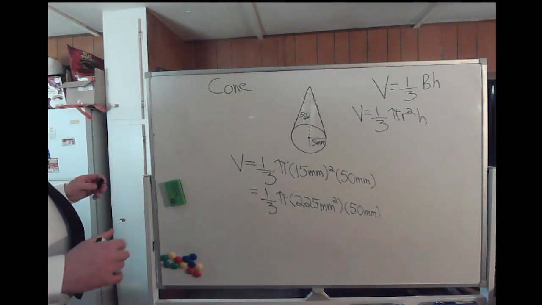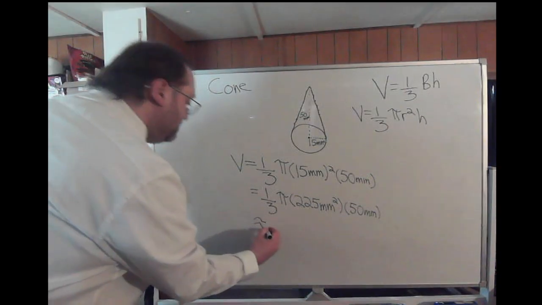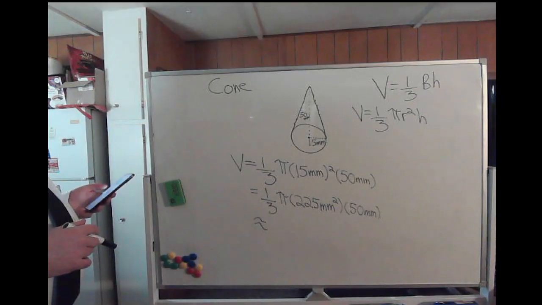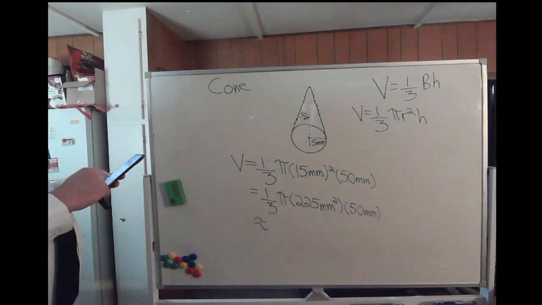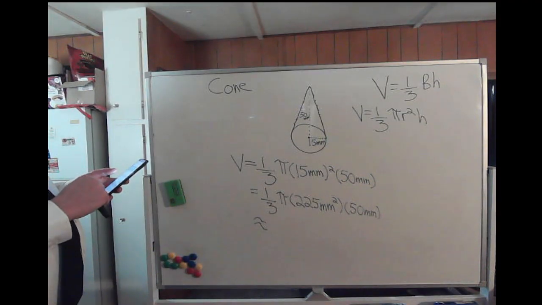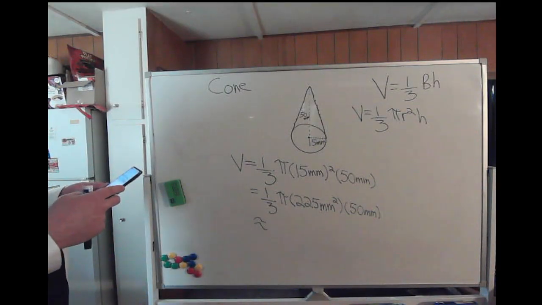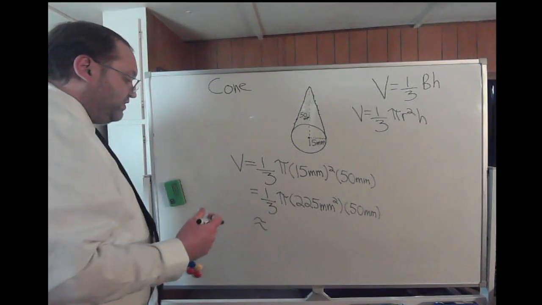Okay, now that we've done our exponents, we just have a straightforward multiplication problem. So let's see what we get here when we plug all this in. One-third times pi times 225 times 50 would give you 11,780.97.